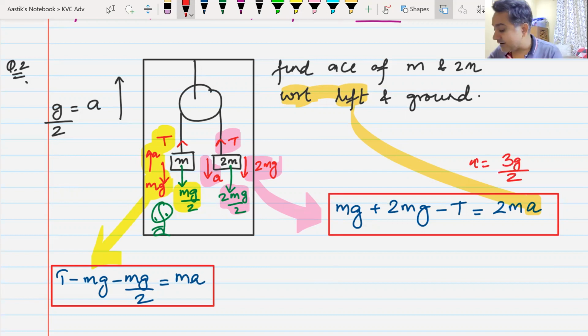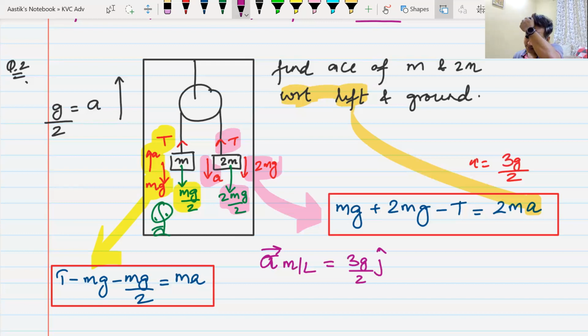So now I can write, remember, I'm just going to write a simple thing. I have to write in vector form. Acceleration of m with respect to lift is 3g by 2 and it is upward, so I'll write it as j.